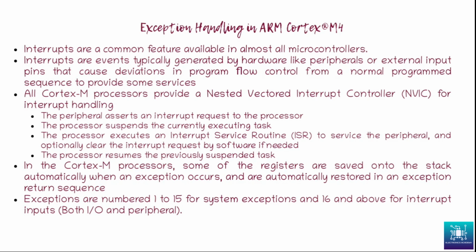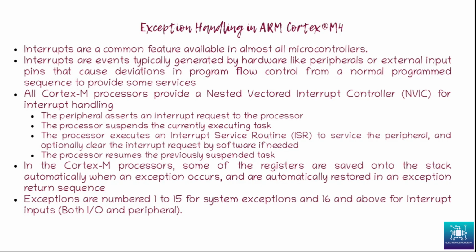Now, the main unit of interrupt control in the case of Cortex M4 is the nested vector interrupt controller, the acronym for which is NVIC, so we'll be calling it NVIC henceforth.